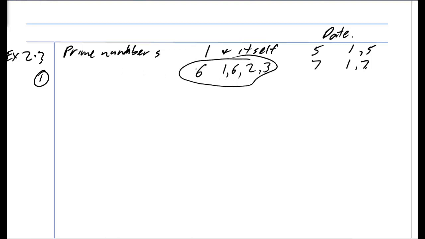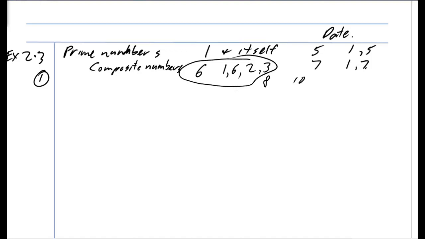So numbers like 6 and 8 and 10 are called composite numbers. So prime numbers can only be divided by 1 and itself. Composite numbers can be divided by other numbers besides 1 and itself.